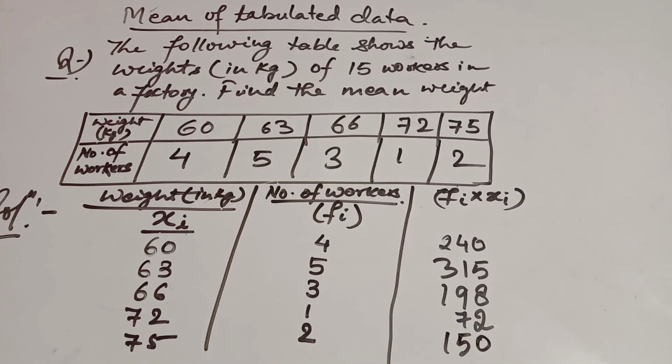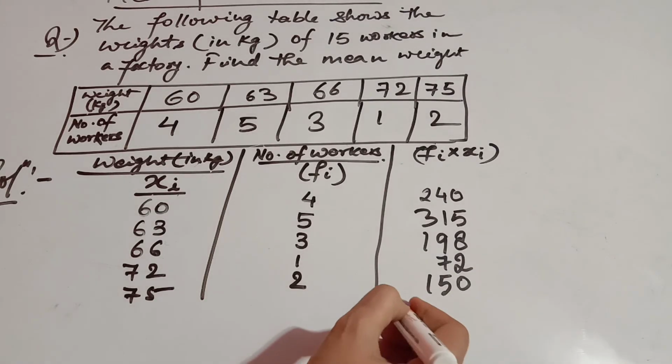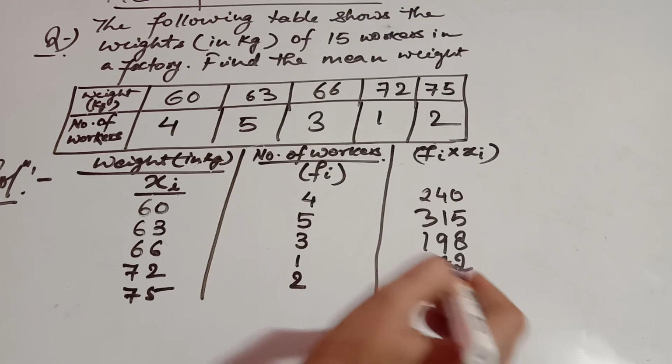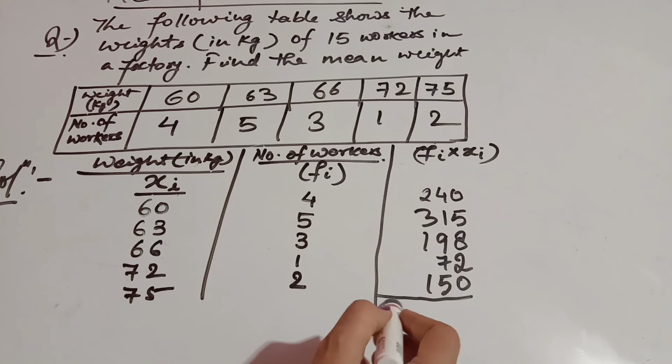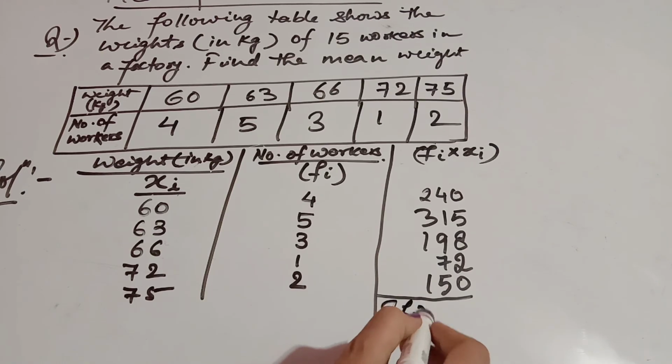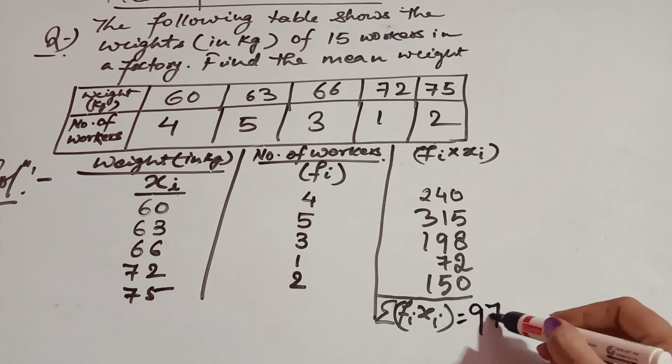Now the formula for mean is sigma fi xi divided by sigma fi. Sigma means summation, the sum of all observations. Add all these values, this will be your sigma fi xi. When you add all these values, the number will be 975.